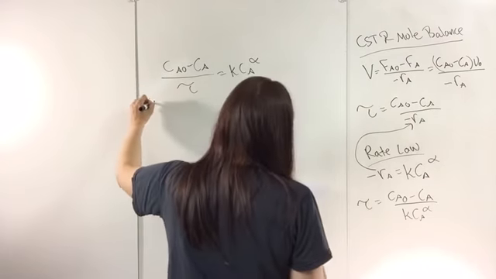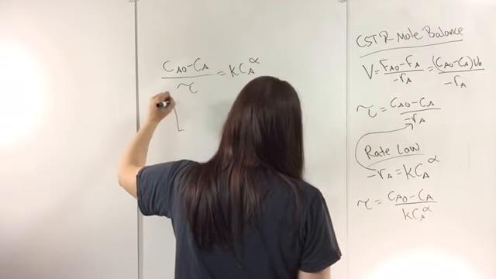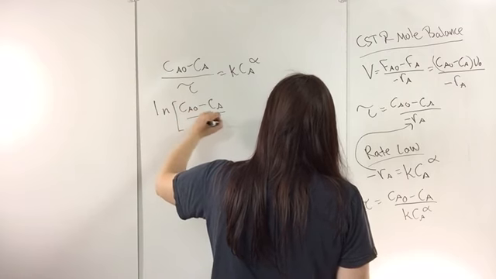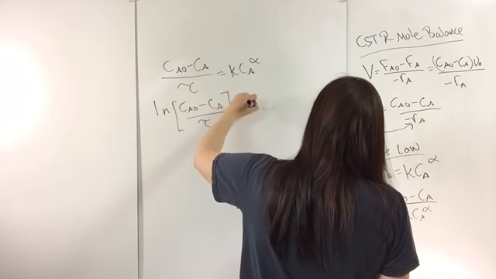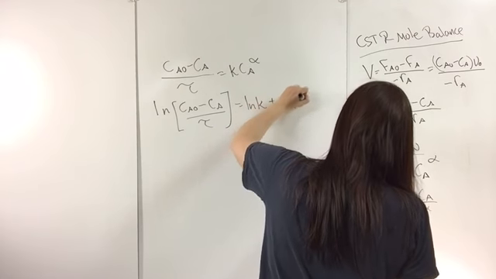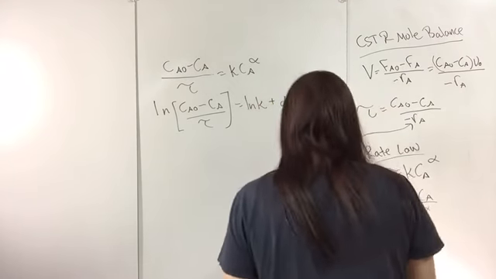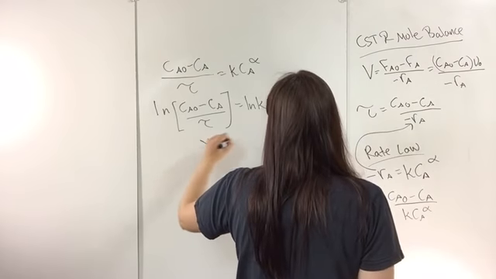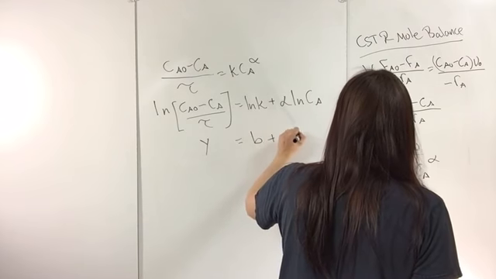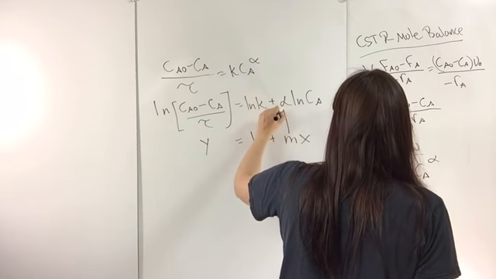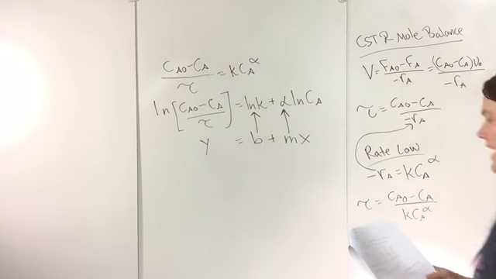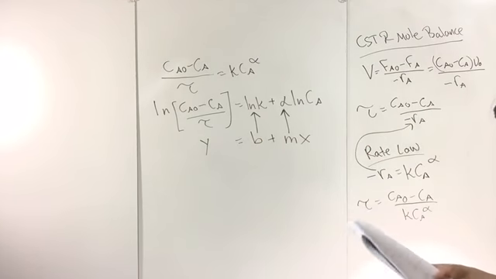Then you can take the natural log of this, and you get the natural log of Ca naught minus Ca over tau is equal to the natural log of K plus alpha times the natural log of Ca. So then this is y is equal to b plus mx. Alpha is the slope, natural log of K is the y-intercept.